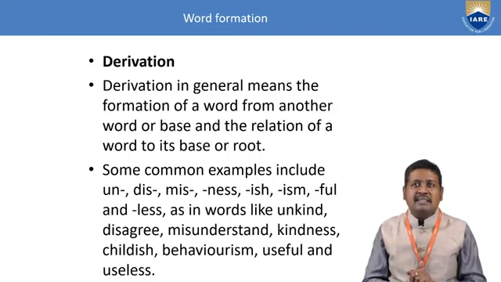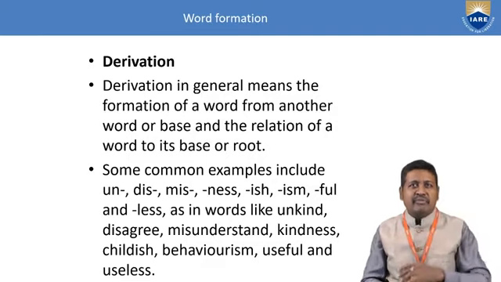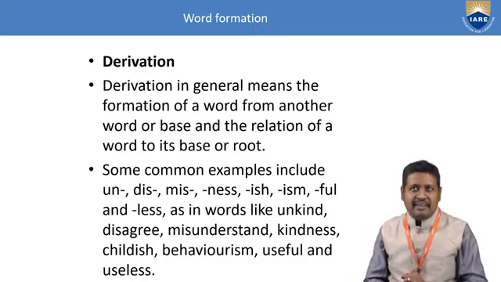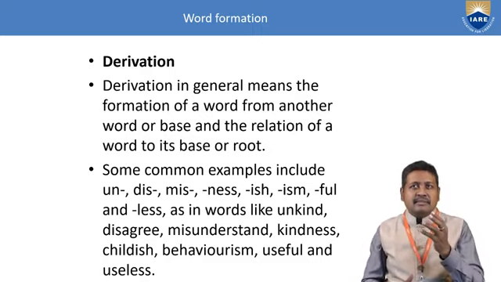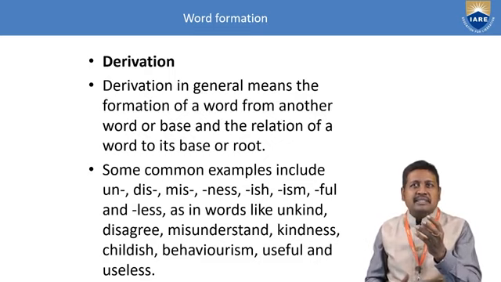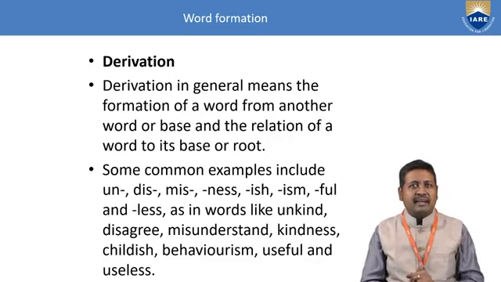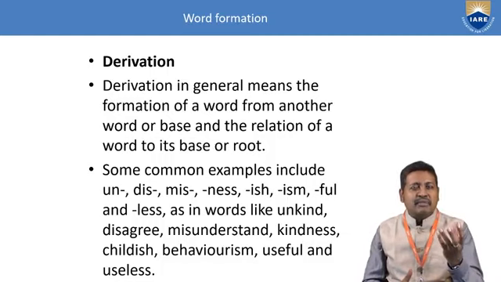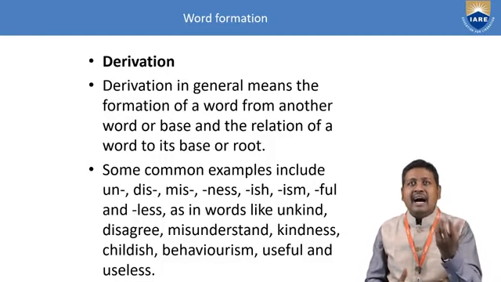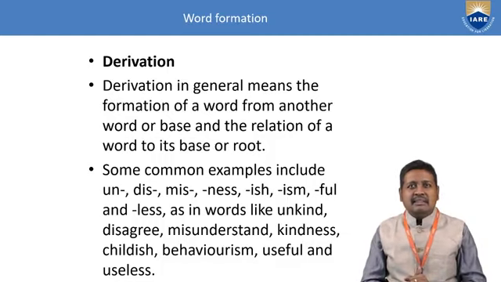And the examples are, for example, prefixes. Take the prefix un. What are the words that are formed with the help of this prefix, this root, un? Unhappy, uninterested, unleash the potential, okay?